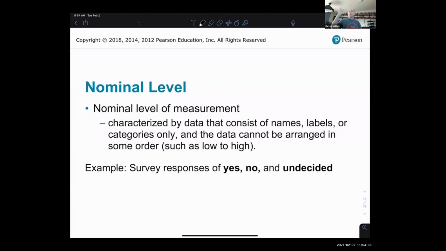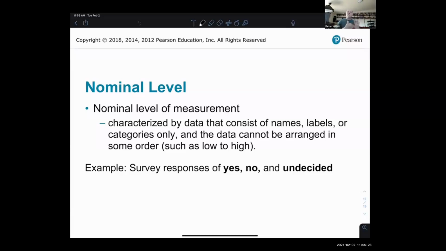With our discussion from before, one example of qualitative data was numbers on jerseys. That is an example of categorical data, but that's not nominal, because you can arrange them from low to high. You can sort the jersey numbers, maybe to make it easier to look up a player's name based on their jersey number.